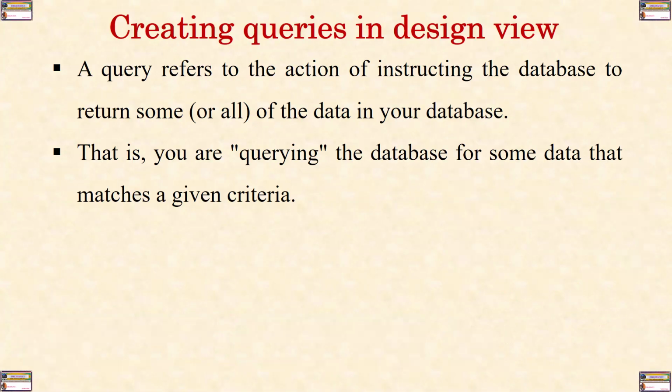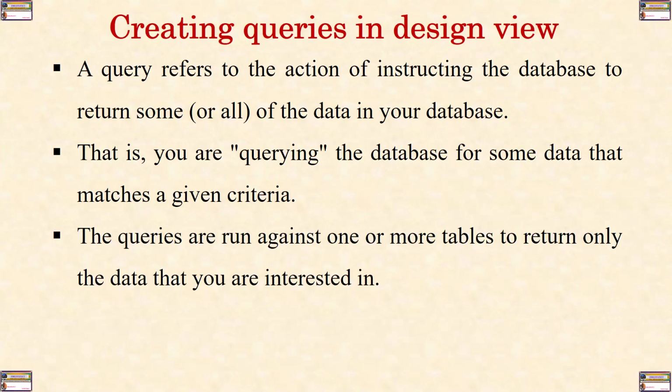Therefore, when we speak about making use of queries in a Microsoft Access database, we are simply saying that we want to take an action, instructing the database to do some activity and give us some feedback. That is, you are querying the database for some data that matches a given criteria that you have set.